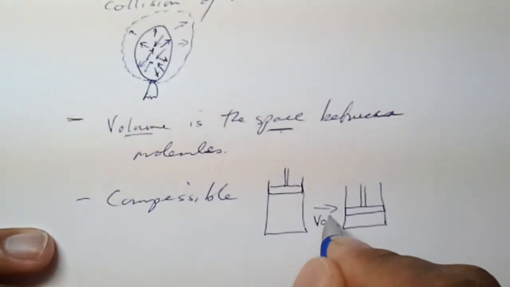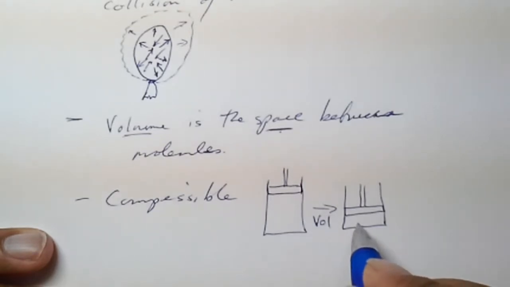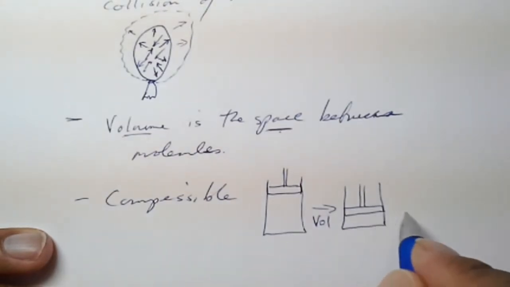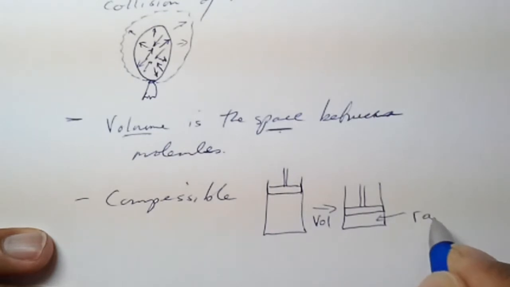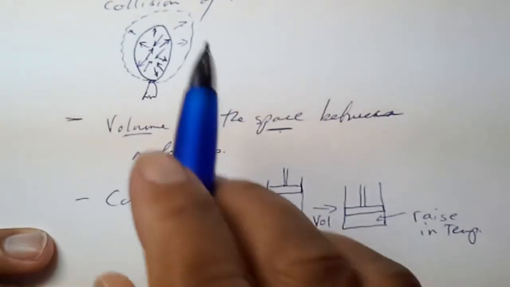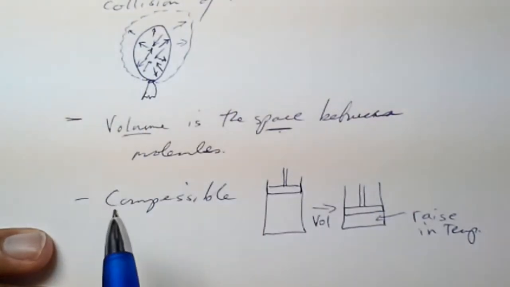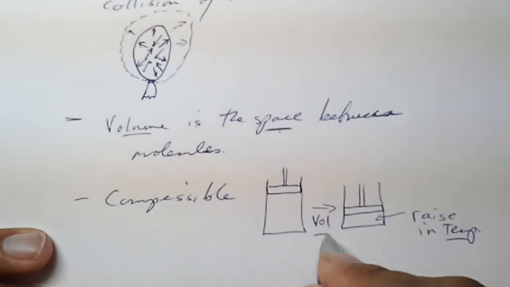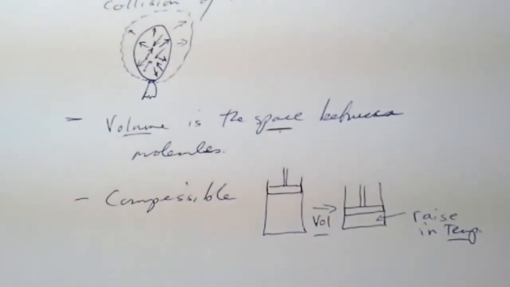But what you also do when you do that is increase the collisions and cause a rise in temperature. Okay, we know that intuitively, but we'll talk about why that is, or the law, one of these laws that relates temperature and volume. Also the pressure involved, and we'll talk about that.